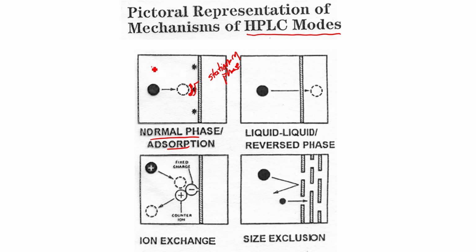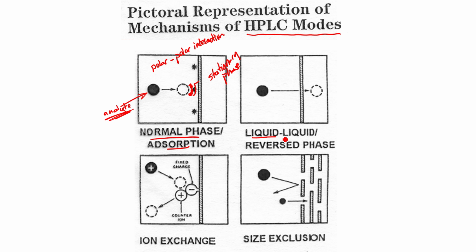So whether it be polar interactions, or ion-dipole interactions, it's some type of intermolecular force that's causing an attraction between the analyte molecule and the stationary phase, right? And the degree of that causes the retention.